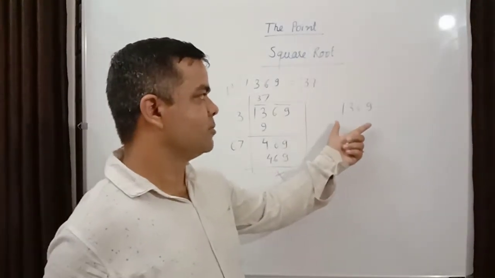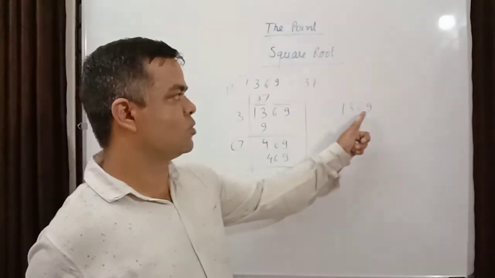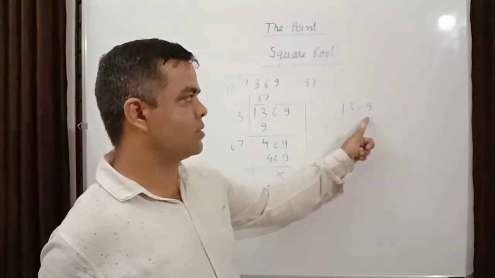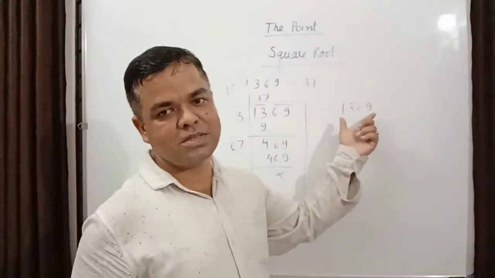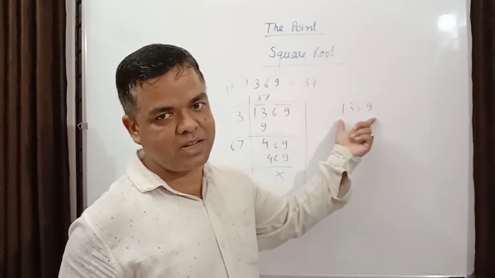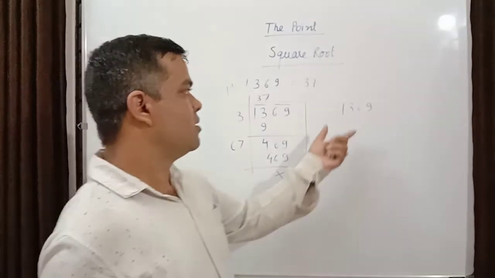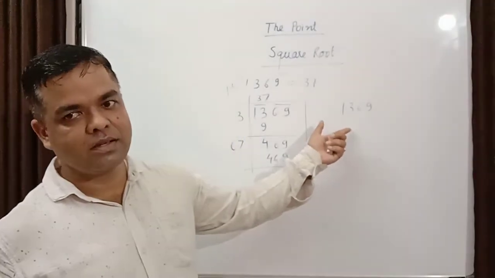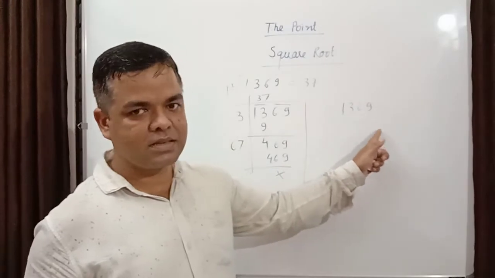This question will not be possible by factorization because 2 will not go, 3 will not go, 4, 5, 6, 7 will not go, and this number is divisible only by 37. That's why I am taking an example of a tough number so that other questions will be easier for you. So 1369 is the square of 37 and the square root of 1369 is 37.